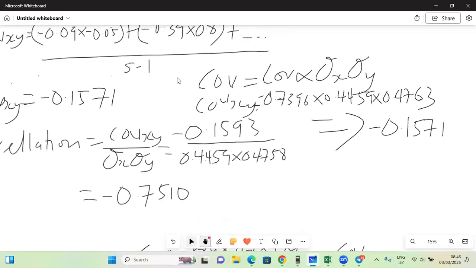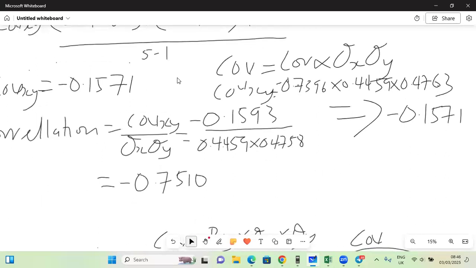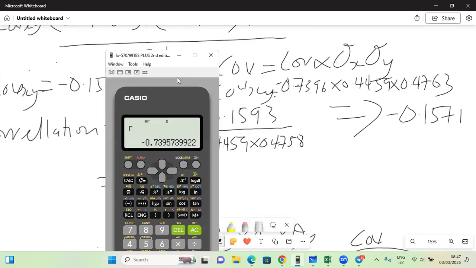So we got the covariance, with the correlation on the calculator being 0.7396.